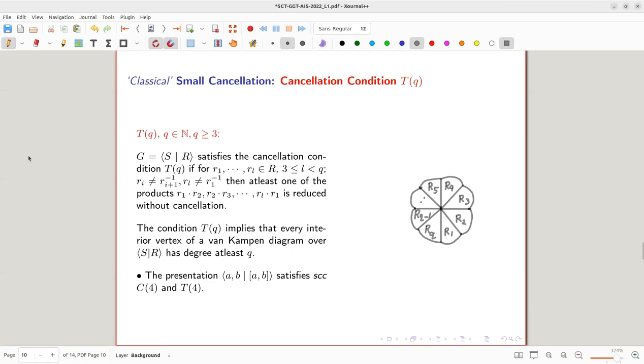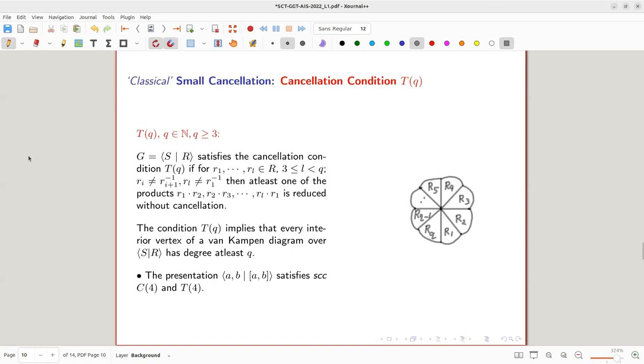In the sense you do not have full cancellations here. So I should write i ranging from 1 to L minus 1.